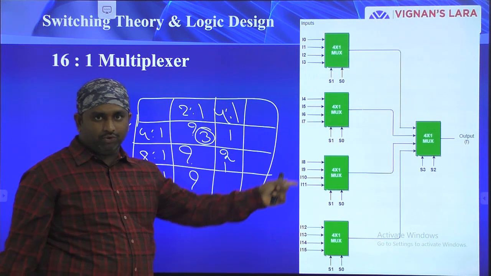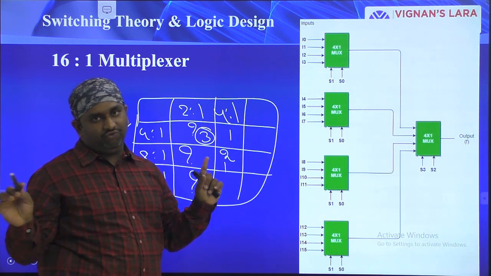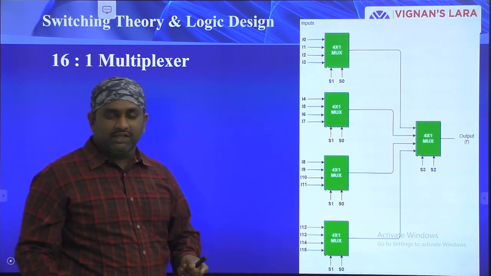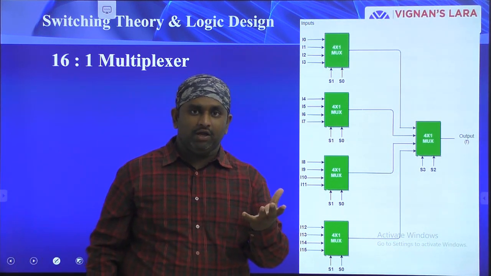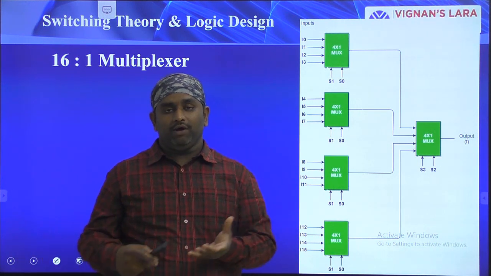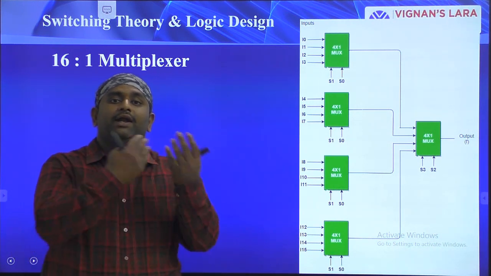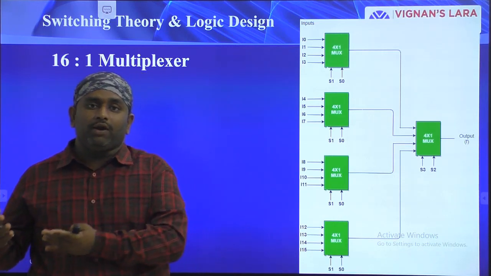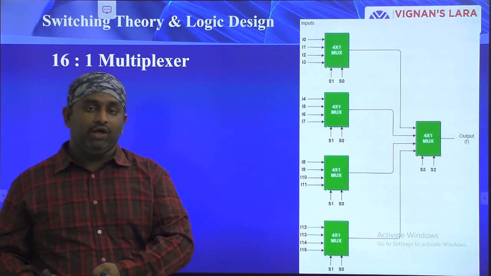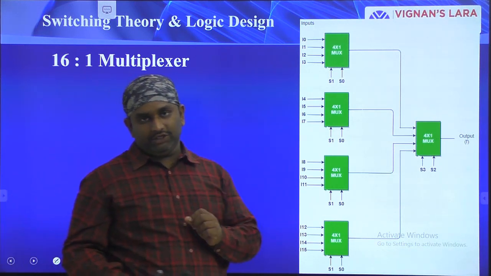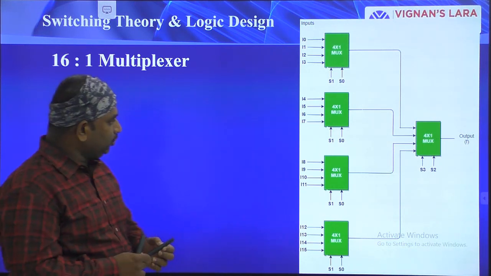So like that you have to draw this table with very clear information. It is about implementing higher order multiplexers: how many lower order multiplexers are required? You have to give it with a clear notation. That is the work I am giving to you.